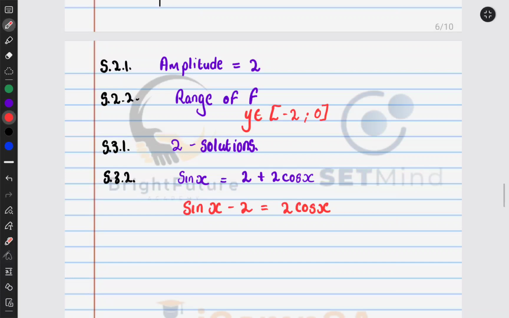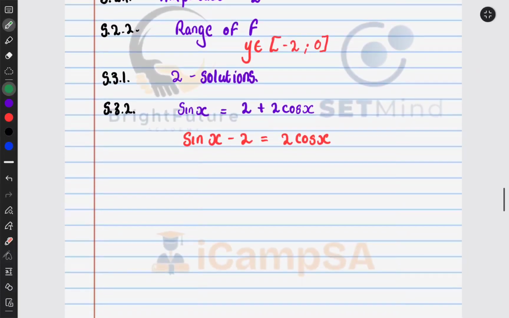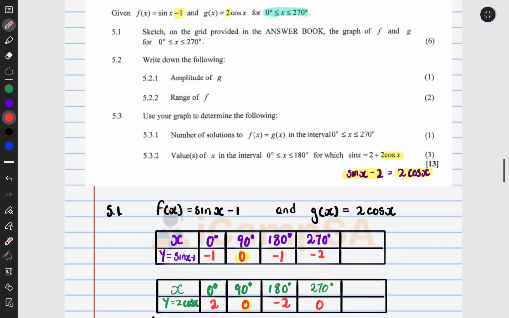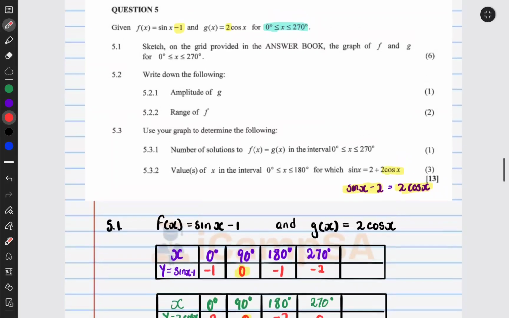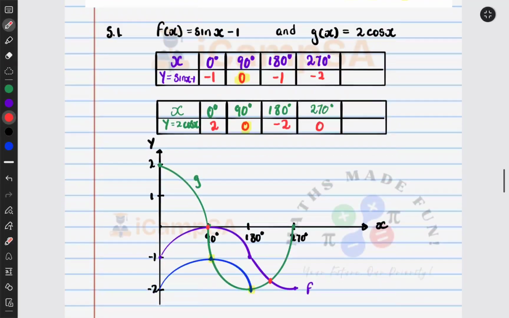And then from the graphs, after sketching that function, we realize that these two functions are equal where x is equal to 90 degrees and where x is equal to 180 degrees. Those are the 2 points. Okay, so that was the last question for question 5.